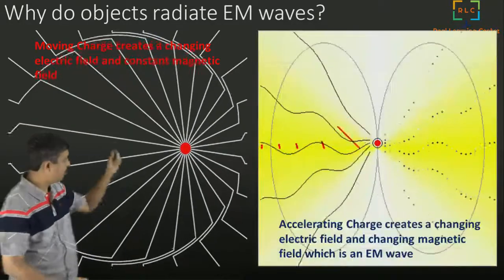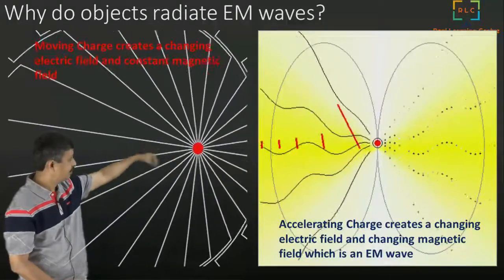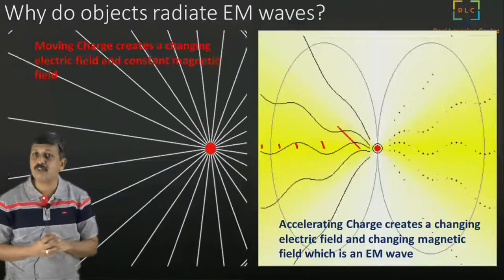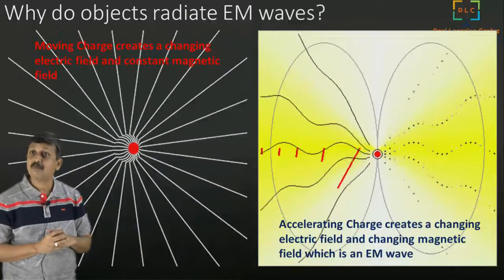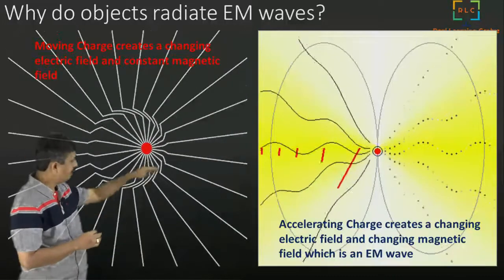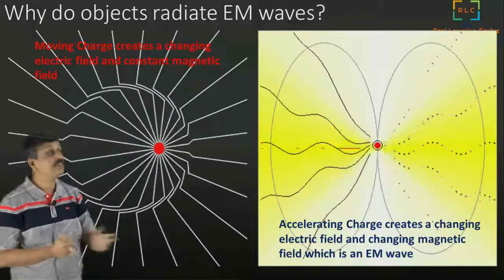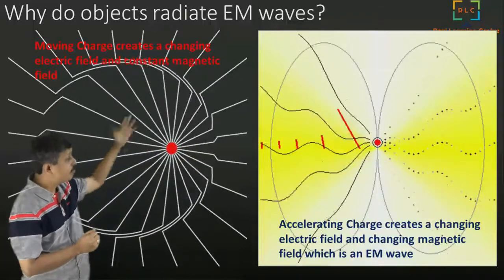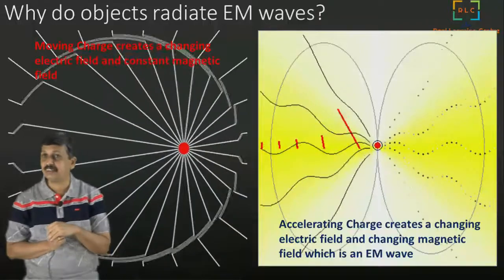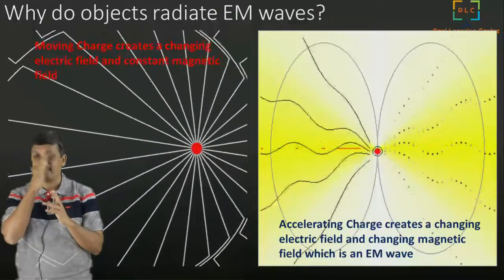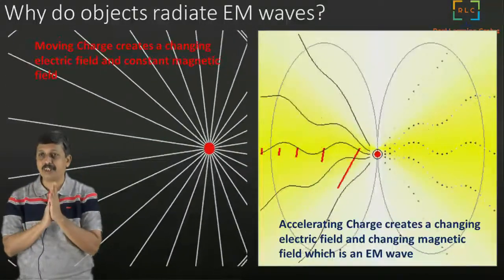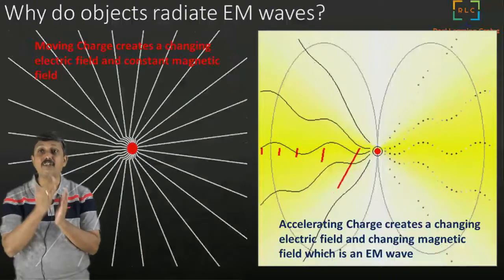So I take the charge and move it up and down like this. When you move the charge up and down like this, what happens now? The magnetic field anyway it creates because of the movement. Now the magnetic field also keeps changing. So the changing magnetic field has this habit of creating an electric field.